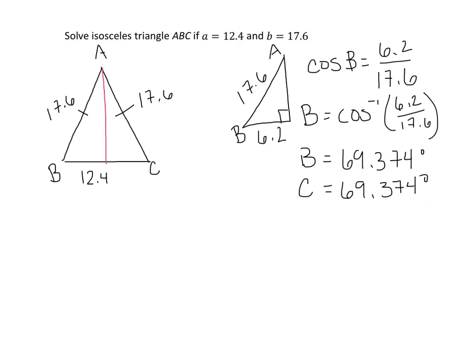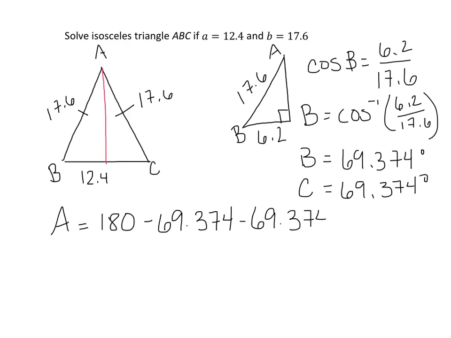To find angle A, we'll take 180 minus our two angles. That gives me a measure for angle A at 41.252 degrees.